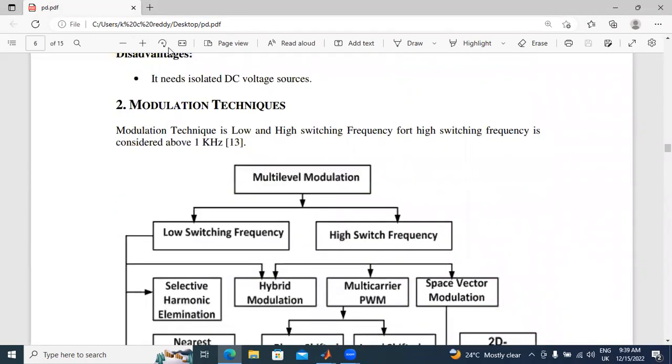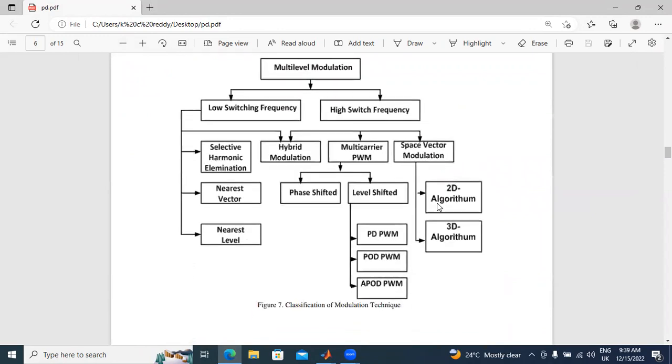First, multi-carrier PWM techniques are classified into two types: low frequency modulation and high switching frequency. In the low frequency switching, the techniques are divided into multi-carrier pulse width modulation, which is divided into phase shifted and level shifted.